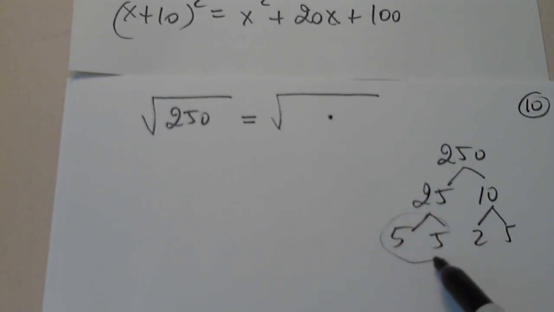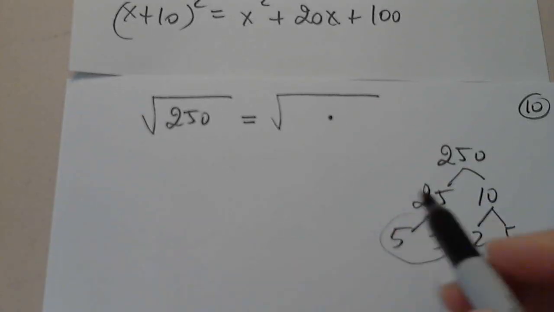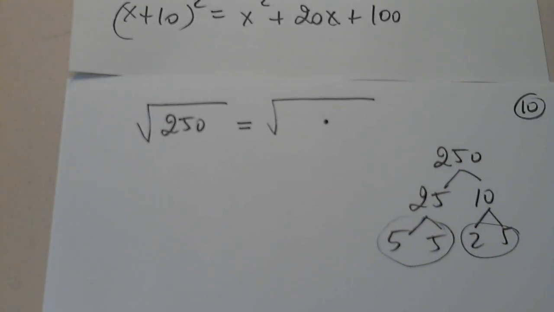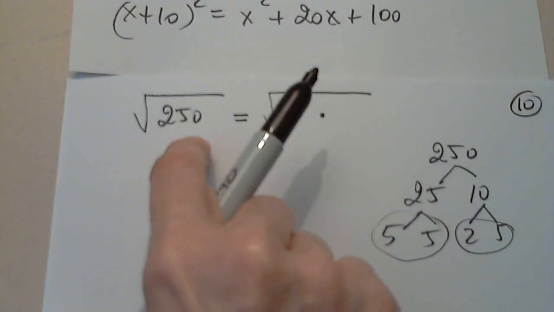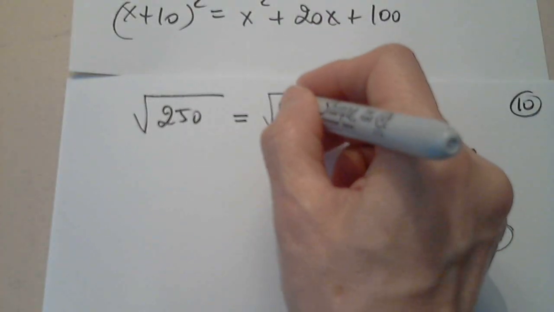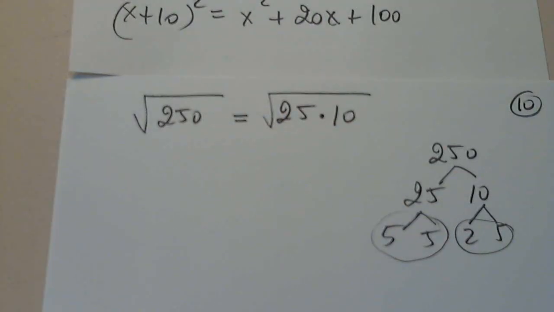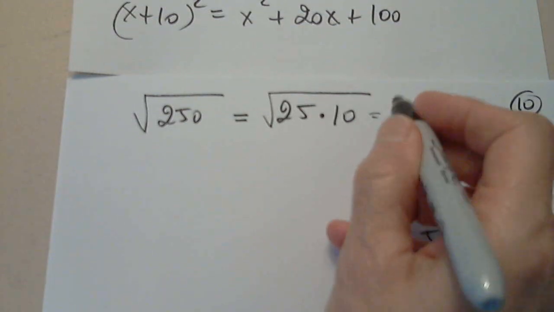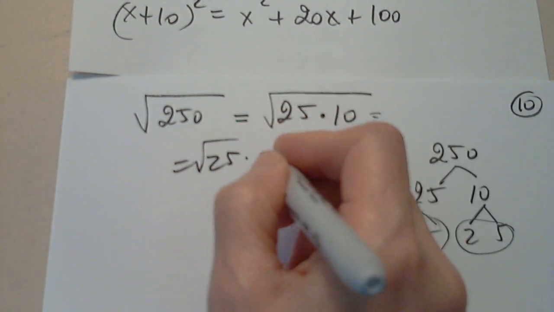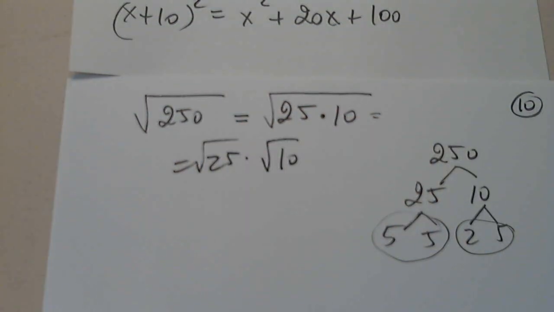So I know exactly which one is a perfect square, and I know the remainder is not a perfect square. So I know that I have to rewrite 250 as 25 and 10. Because I can take the square root of 25, and the square root of 10, I cannot. That is carved in stone.